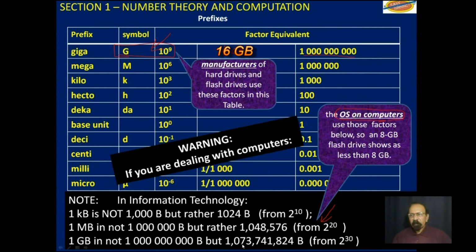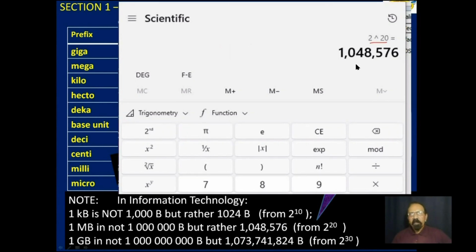It will actually divide by 1,073,741,824. And so you will find that when the manufacturer says the flash drive is 16 gigabytes, your OS will say less than 16 gigabytes. As you can see, 2 to the 30th power is that, not a billion. So just be aware of that.